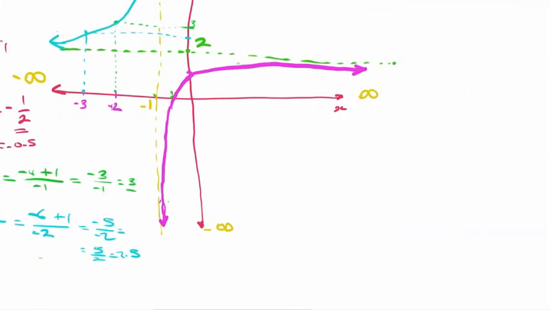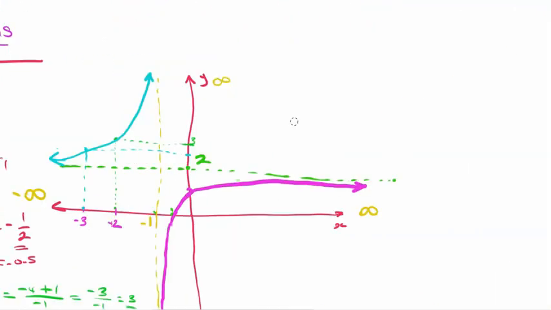Okay, so what's the domain of the graph? The domain would be all the values of x except x equals -1.